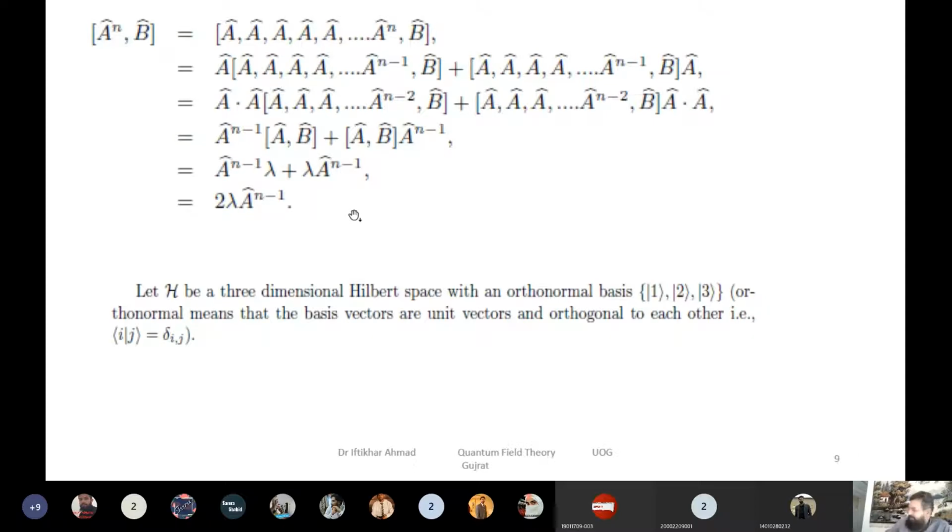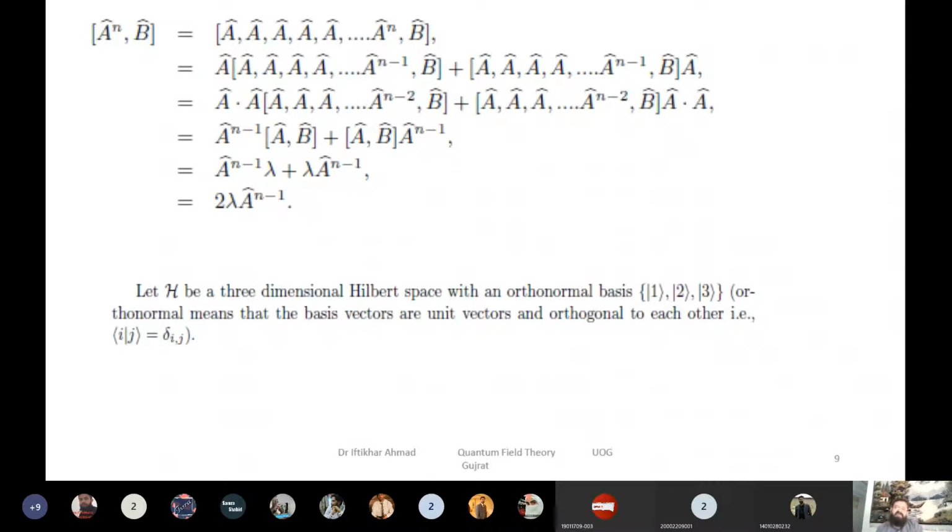Okay, next, another example. Suppose you have a 3-dimensional Hilbert space with orthonormal basis 1, 2, 3. I already explained what is the meaning of 1, 2 and 3, because this is a 3-dimensional Hilbert space. So E1, E2, E3 are represented in the form of 1, 2, 3.